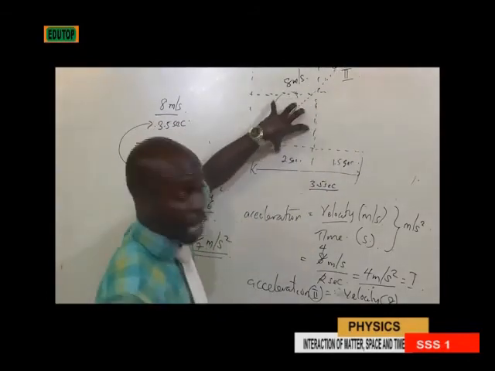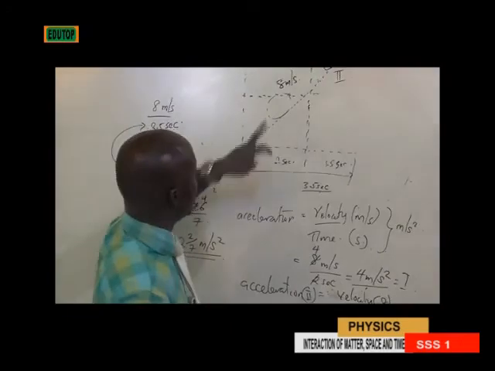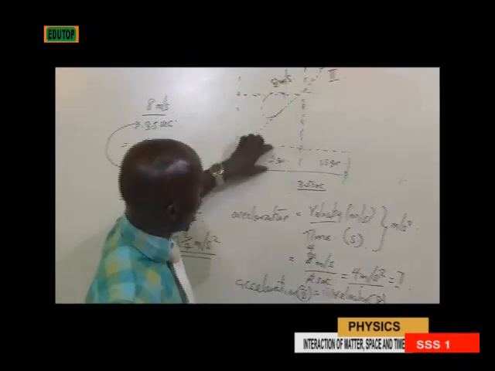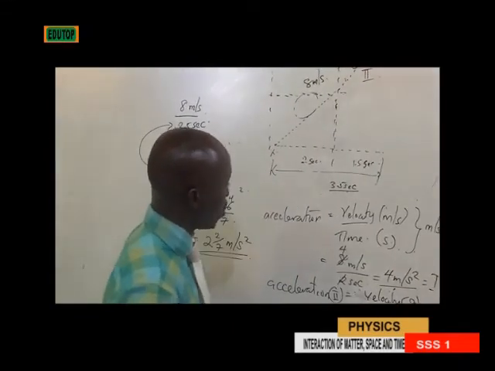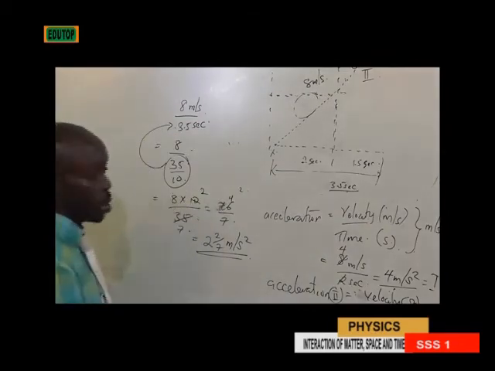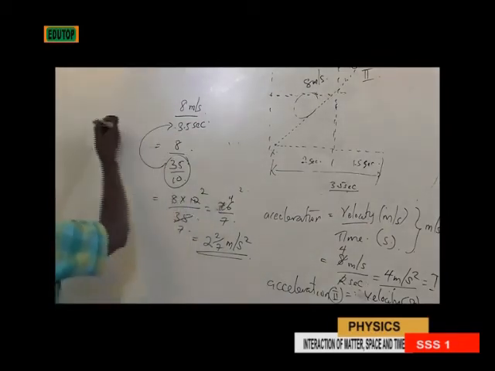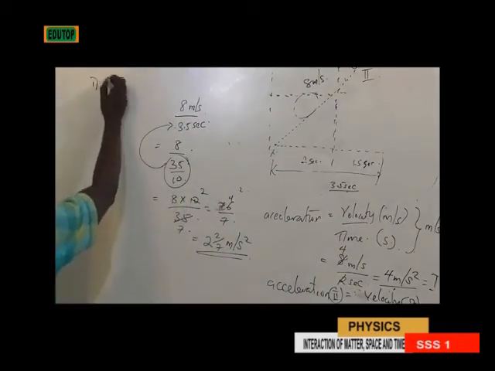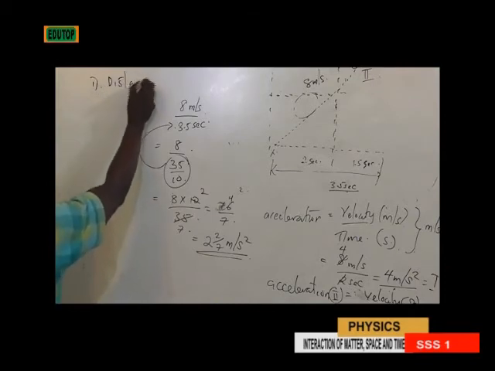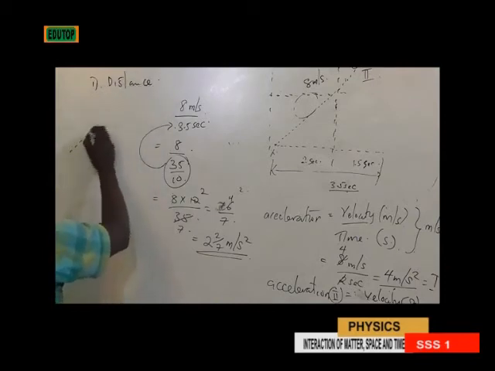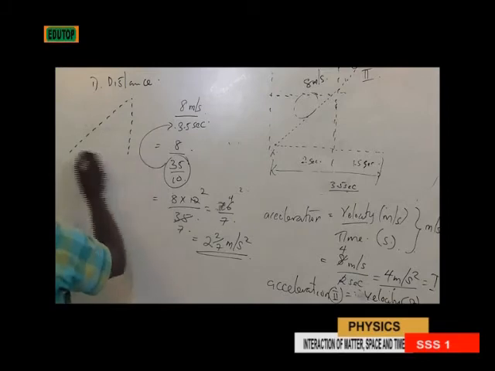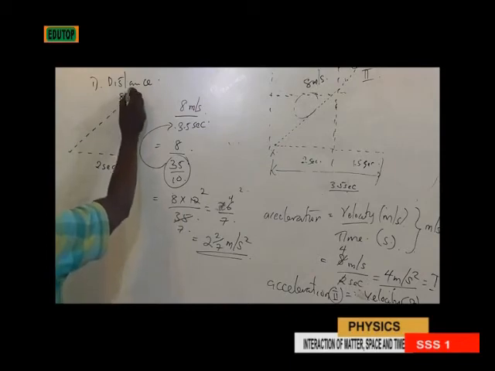Now, this first stage has to be analyzed. That is, it has a velocity and it has a time. Now, the distance covered can be measured in 2 ways. A, distance covered. You need to draw the graphical representation of the first object. That is, your time is 2 seconds and your velocity is 8 meters per second.